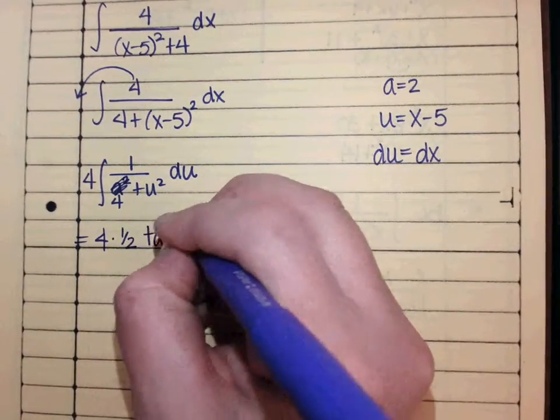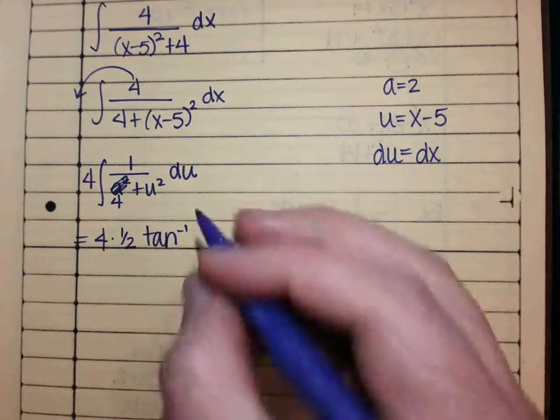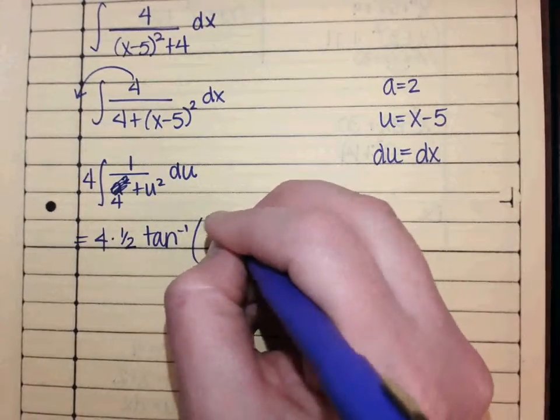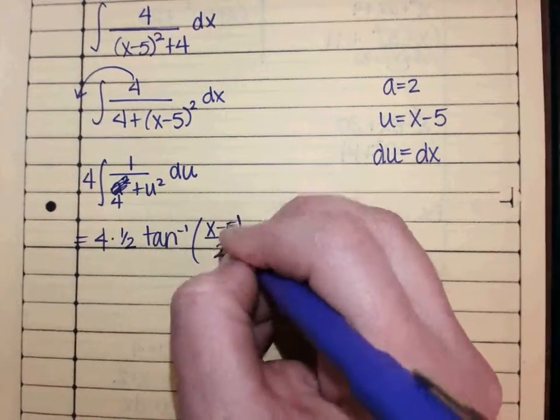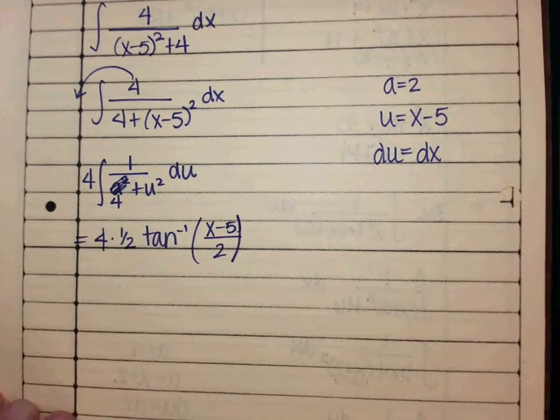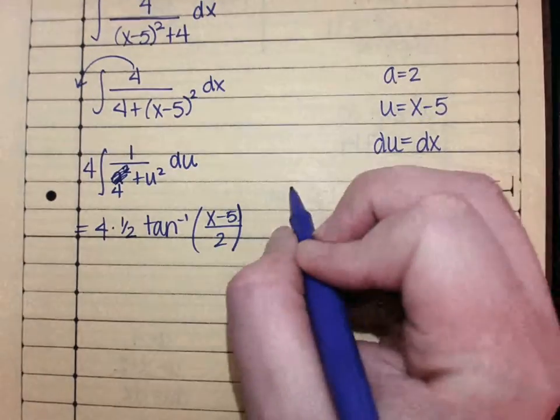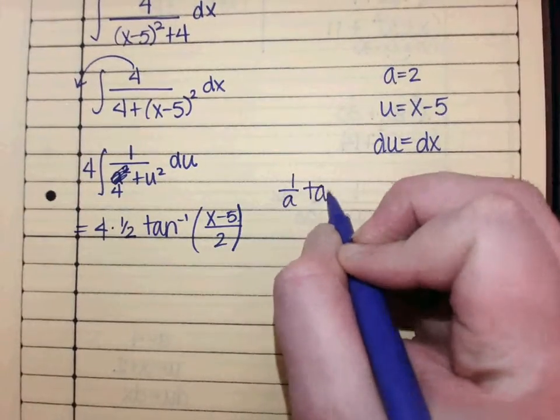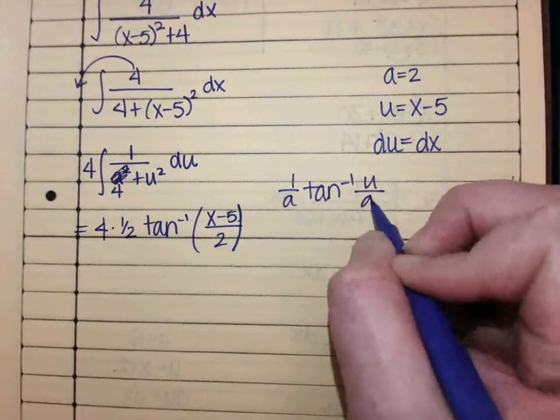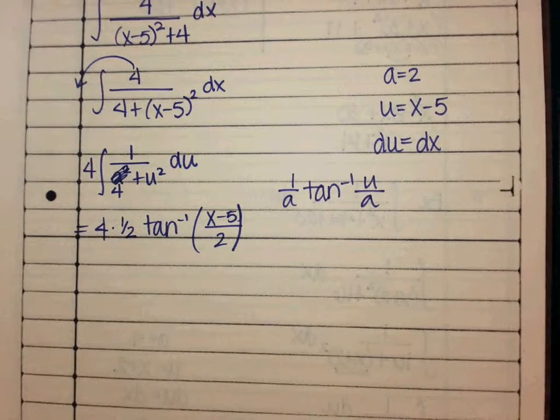And then remember, it's u over a, so my u is x minus 5 over 2. Because remember, in the formula there's a 1 over a inverse tan u over a. So remember, that's on the tan formula, it's not on the sine formula. Okay?